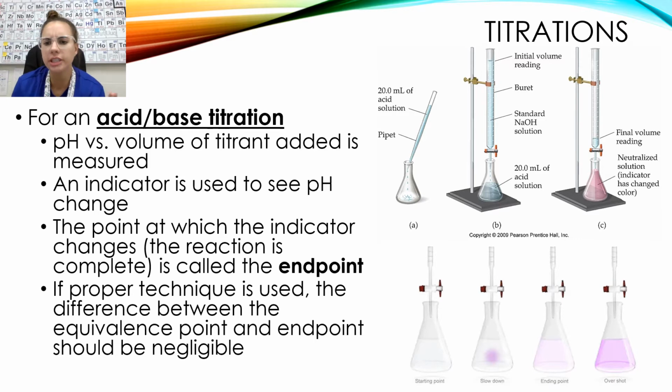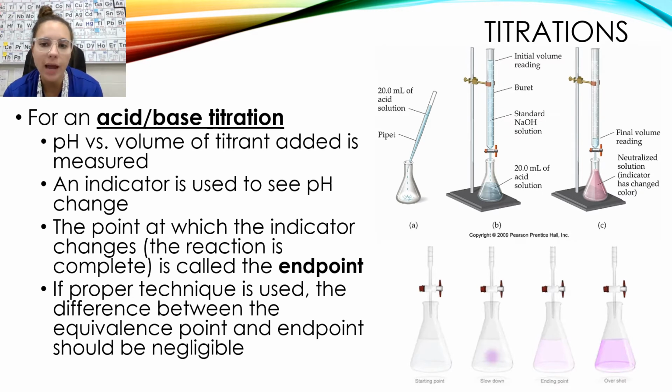Titrations can be of anything that reacts, but we are going to focus on acid-base titrations. So the property that's measured over time is pH. And then we use an indicator to visibly be able to see when our solution flips from acidic to basic. Or in other words, when it neutralizes, it reaches the equivalence point, where all of one has reacted with all of the other one.